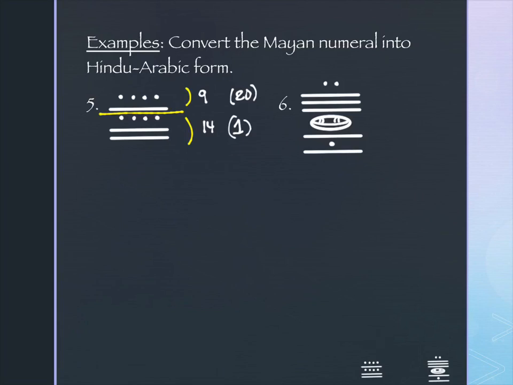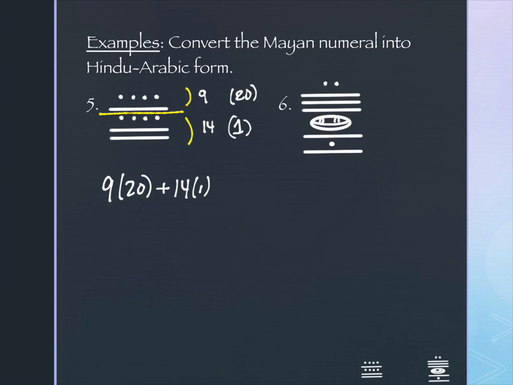So I'll do it the other way. 9 times 20, and 14 times 1. So you can also imagine, what if we didn't have all of the bills we had? No 5s, no 10s, and we only had $20 bills. So this is telling you have 9 $20 bills, and you have 14 1s to make this work.